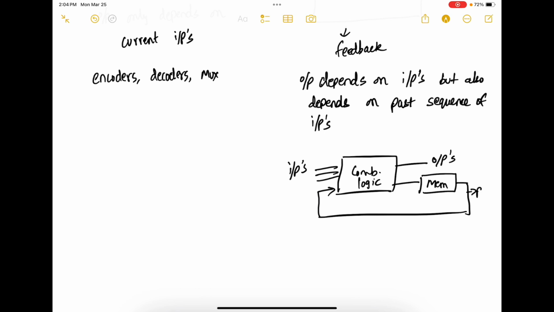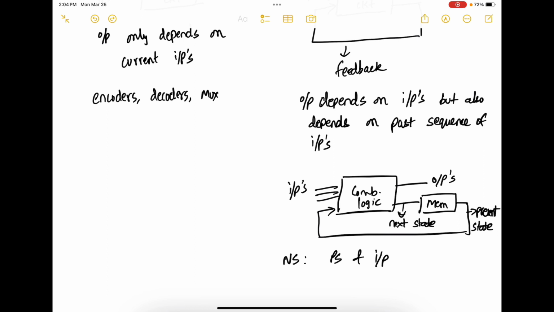The current value in memory is known as the present state, and how the memory gets updated is given by the next state. So the next state depends on present state and input.